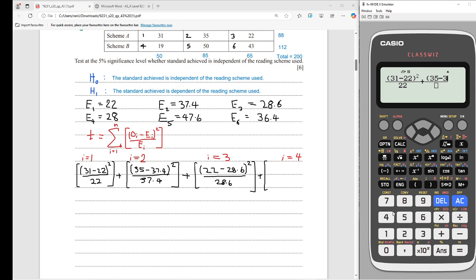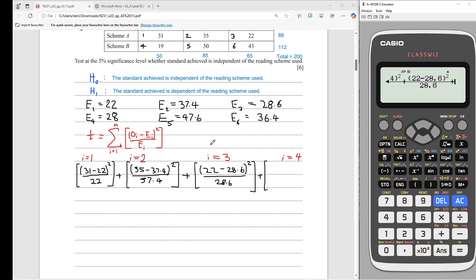35 minus 37.4, the whole square, whole divided by 37.4. Okay, next we have here 22 minus 28.6, whole squared, whole divided by 28.6.